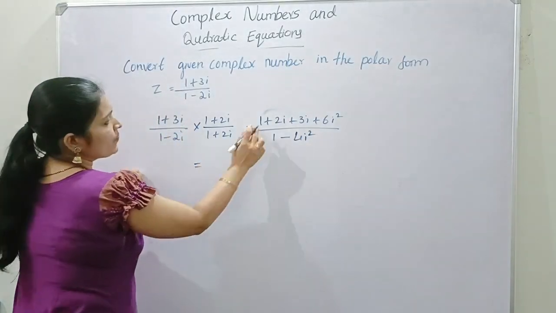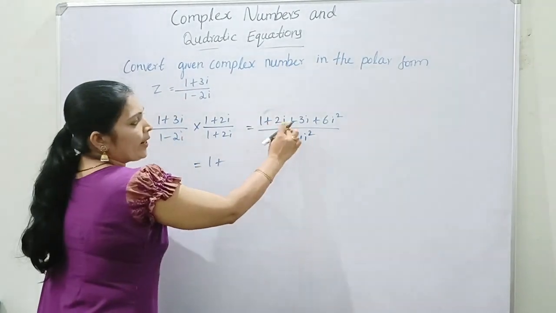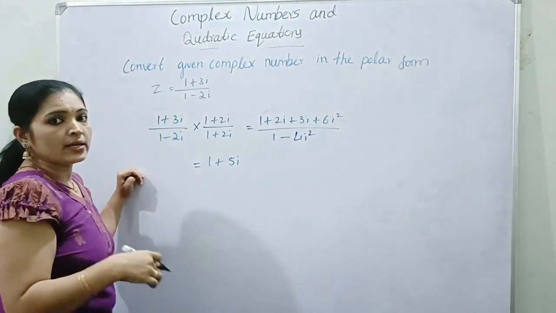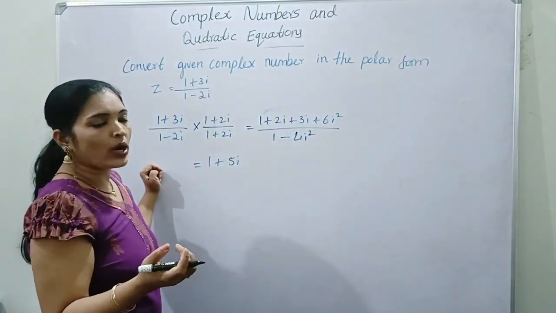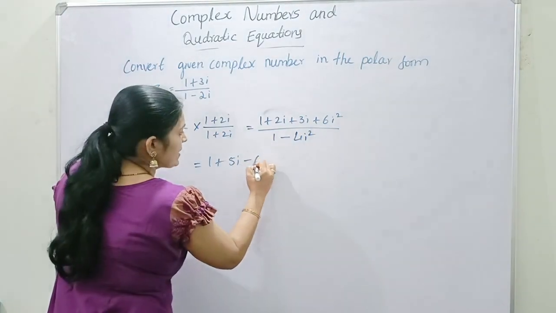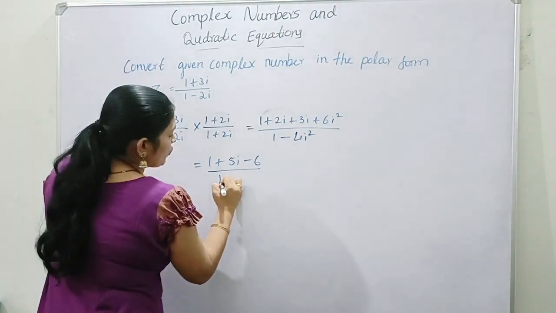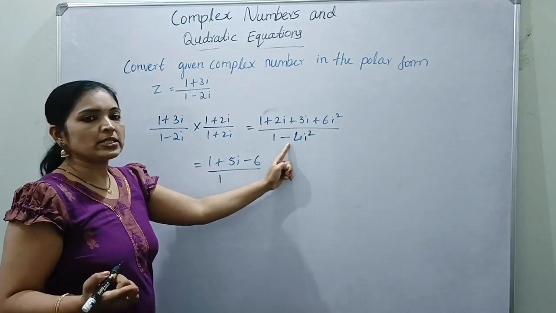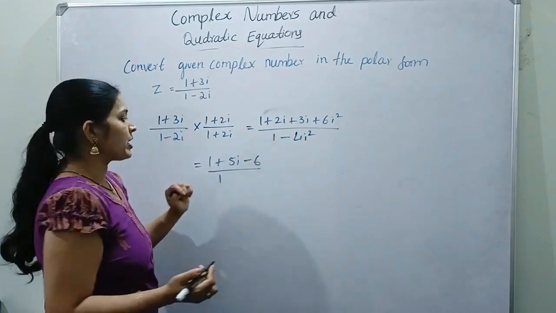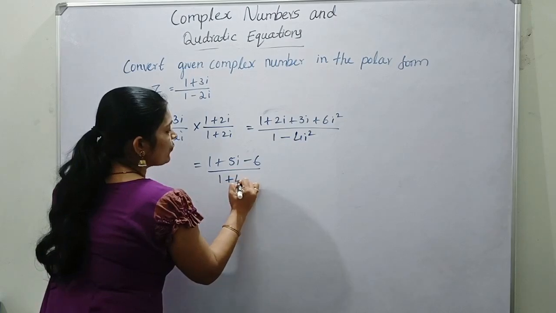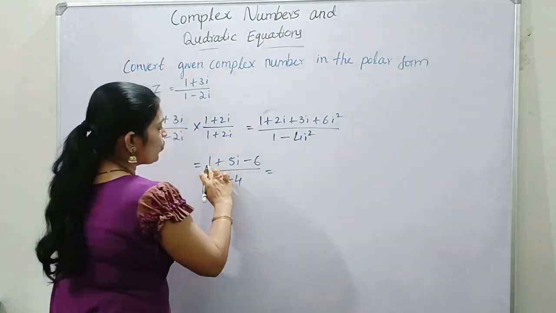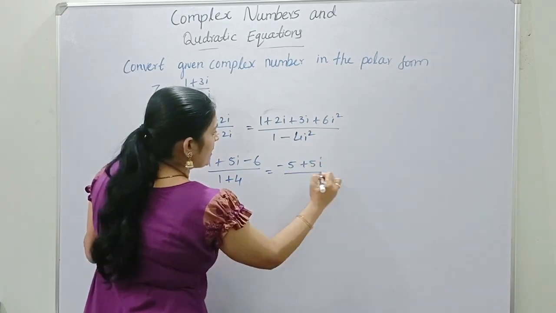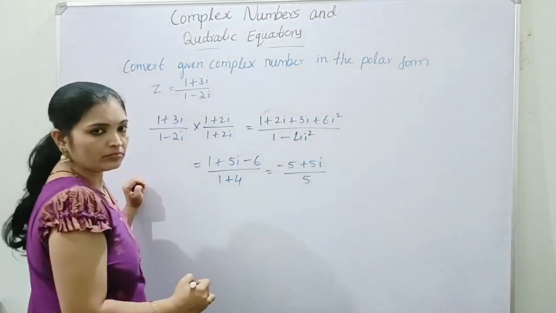That is 1 + 2i + 3i is 5i, plus 6i², and i² is -1, so 6 into -1 is -6, divided by 1, and since i² is -1, minus minus becomes plus, so 1 + 4. That equals (1 - 6 + 5i)/5, which is (-5 + 5i)/5.